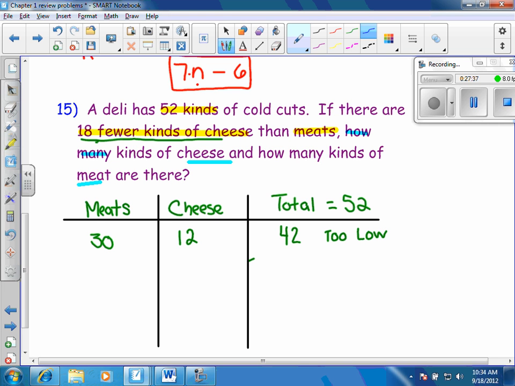So let's suppose you go up to 35. When you subtract 18 from 35, you get 17. So that would mean that you have 17 types of cheese. Then you would add your 35 and your 17.